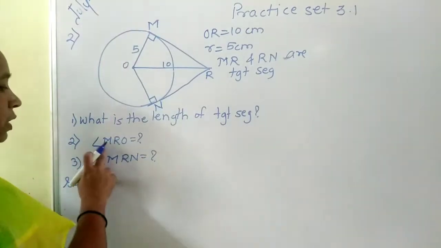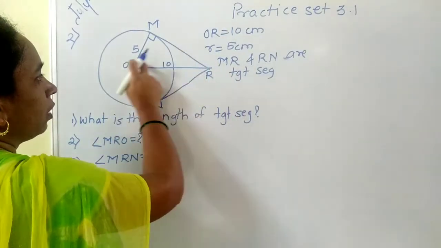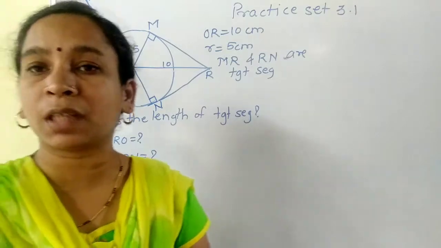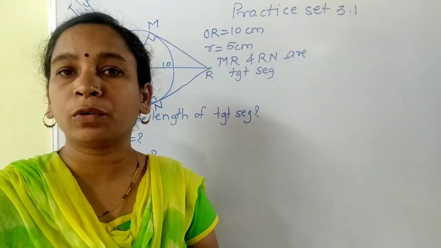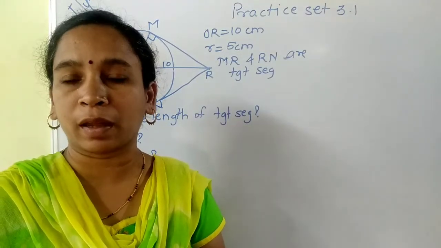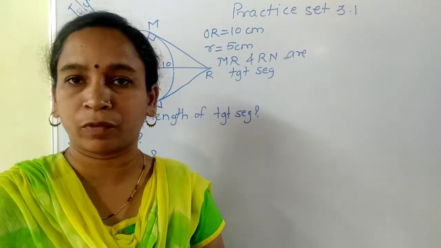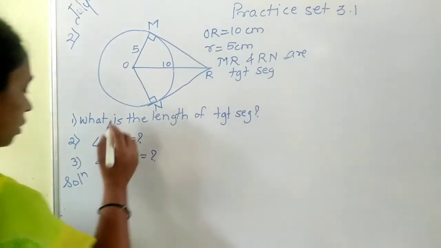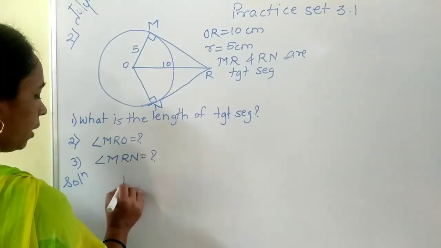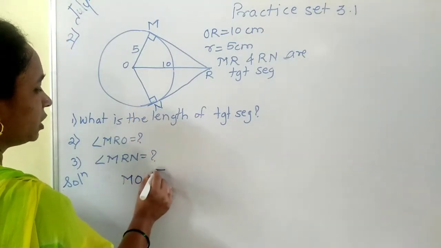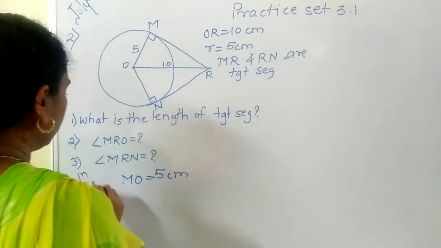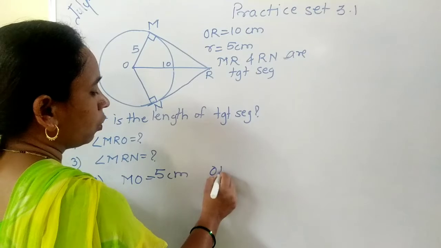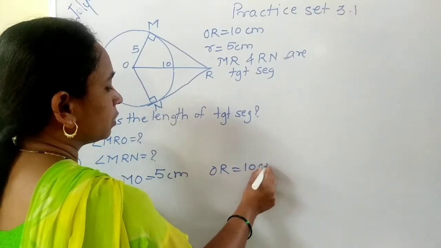In the second question, they asked you the value of angle MRO. Because the angle measurements are not given, we are going to use the property of the theorem of 30-60-90 or 45-45-90. So we'll find out what type of angle this is. By given, for the second example, MO is equal to 5 centimeter, OR is equal to 10 centimeter.